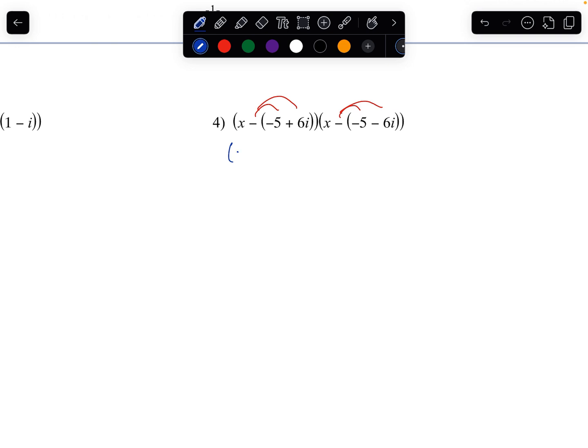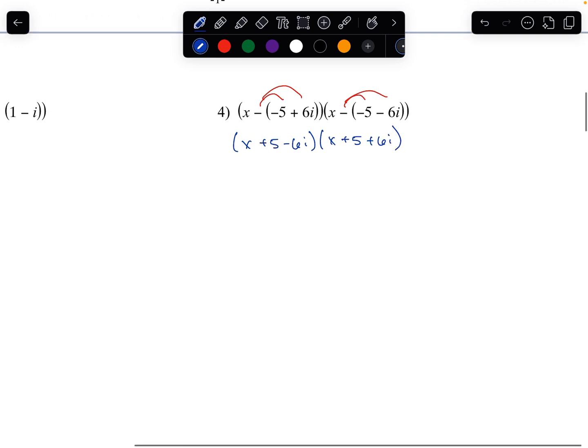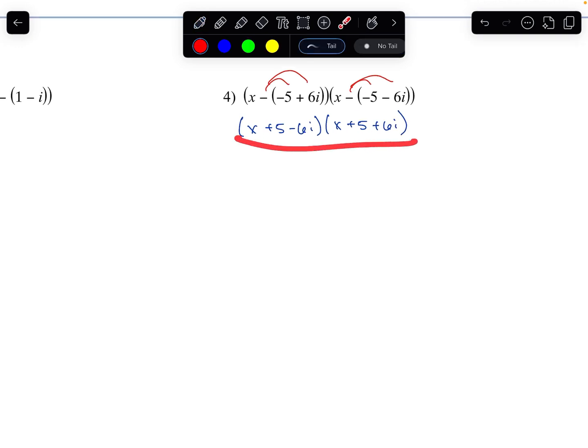So I can write this as x plus 5 minus 6i, and then x plus 5 plus 6i. Okay, and then I'm going to multiply these together. So x times x is x squared. x times 5 is positive 5x. x times 6i we can just write as 6xi.